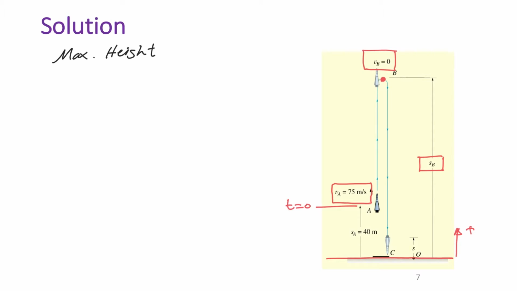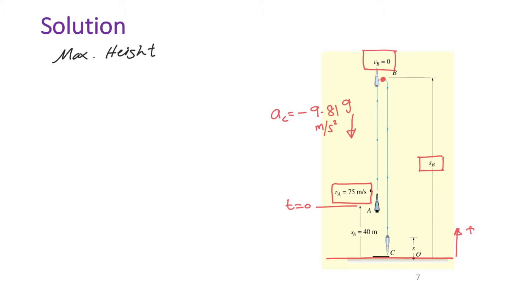Now, what is important here is that when the rocket is moving upward during this journey from A to B, the direction of the velocity is upward, while the acceleration G is downward. Since the velocity is opposite to the acceleration, this acceleration is going to be negative, minus 9.81 meter per second square.